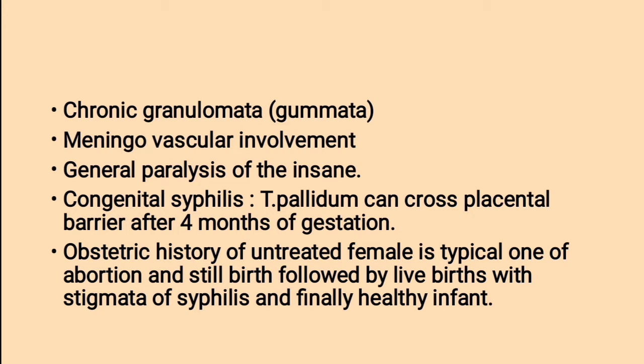Then congenital syphilis. Treponema pallidum can cross the placental barrier after 4 months of gestation. The obstetric history of an untreated female is typically one of abortion and stillbirth, followed by live births with stigmata of syphilis, and finally a healthy infant. Obstetric history means childbirth history.